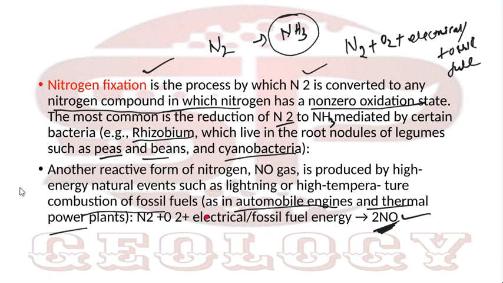So they convert to NO, which is a non-zero oxidation state, and that is also considered nitrogen fixation. Whether it is converting to NH3 or to NO, they are all considered nitrogen fixation.